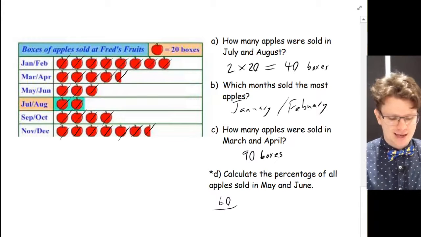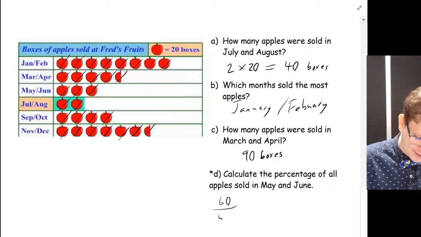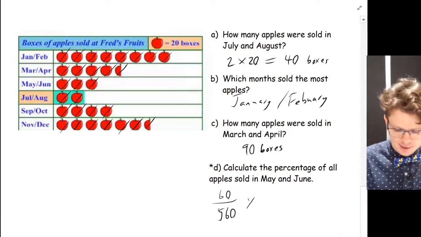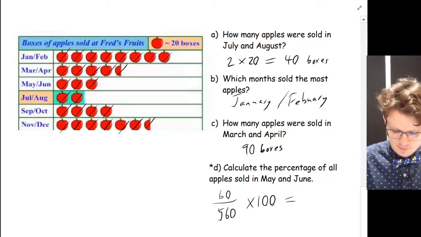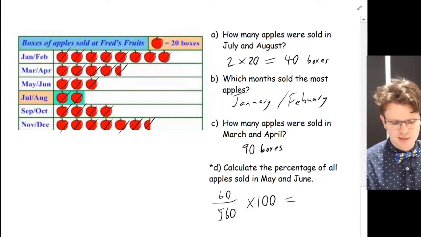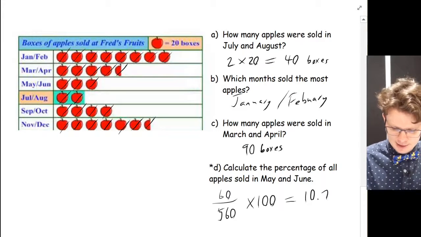And that's 28 times 20 each. So that's 560 for the bottom number, times 100 to make it a percentage. So 60 out of 560 times 100. And that gives you, once again, a fraction, but just use the S to D button, 10.71%.